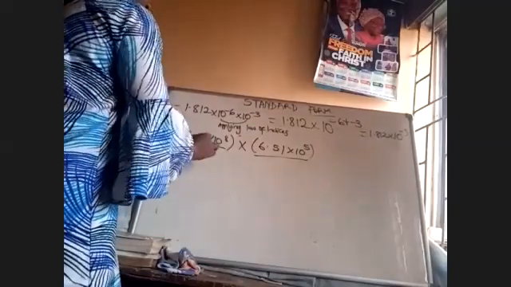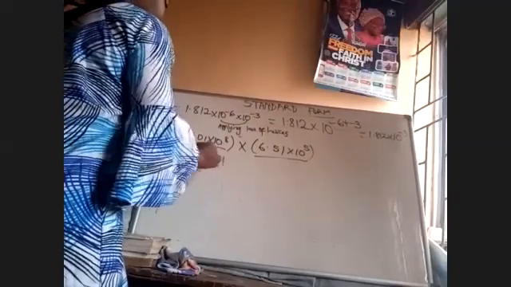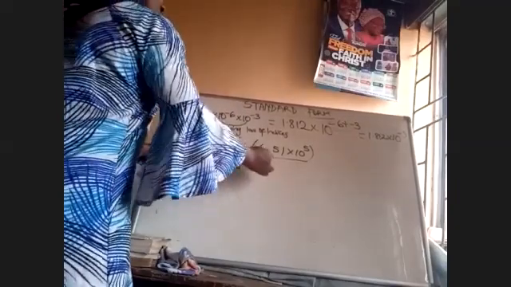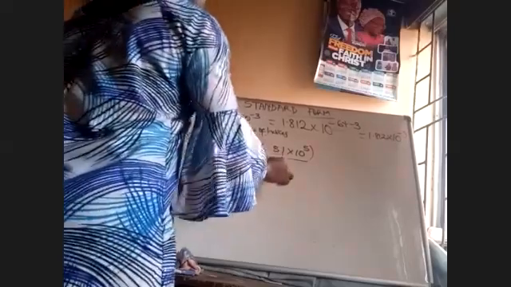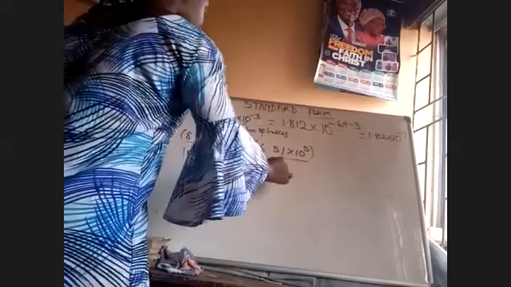So when we bring out 10 raised to power 5, we have 8.01 times 10 raised to power 3 clear times 6.51 left in the second term.